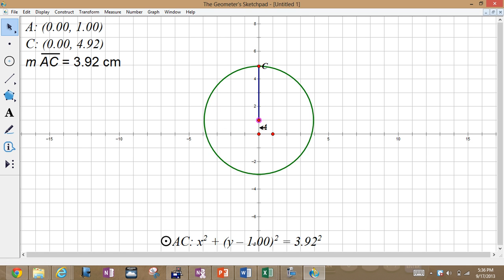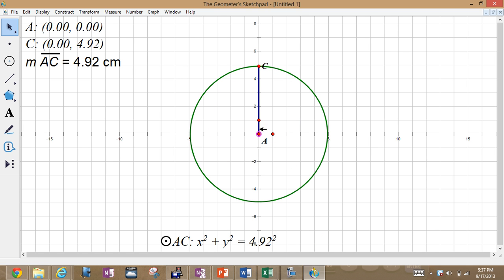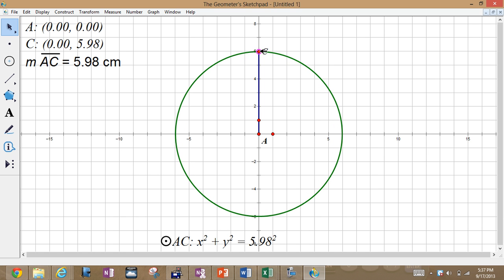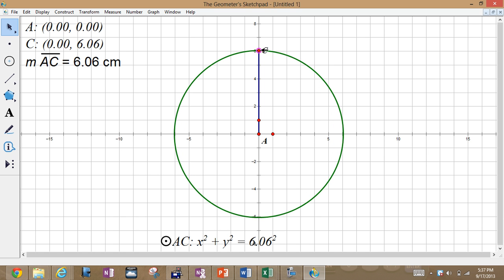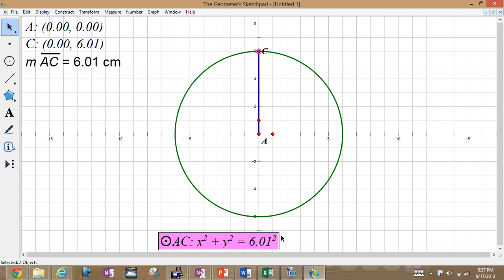Of course, if I were to center it right there at the origin and pull that up, maybe to as much as 6, it doesn't seem to want to lock in exactly on 6, but there it is. So x squared plus y squared equals 36 is the circle whose center is at 0, 0, the origin, and whose radius is 6. Okay, so there you have it.